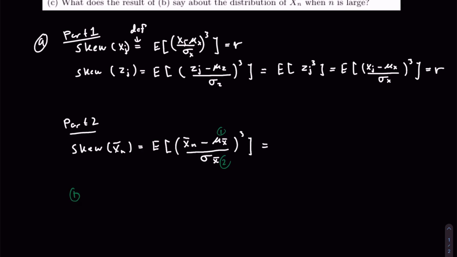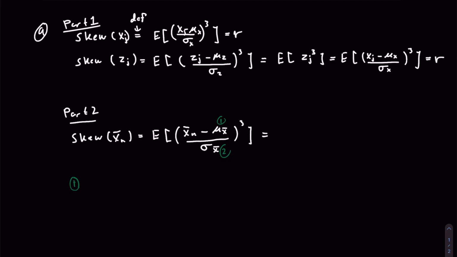But let me show you that. I don't like memorizing stuff. I like to, as much as possible, try to use intuition and definitions to find out what the quantity of interest is.